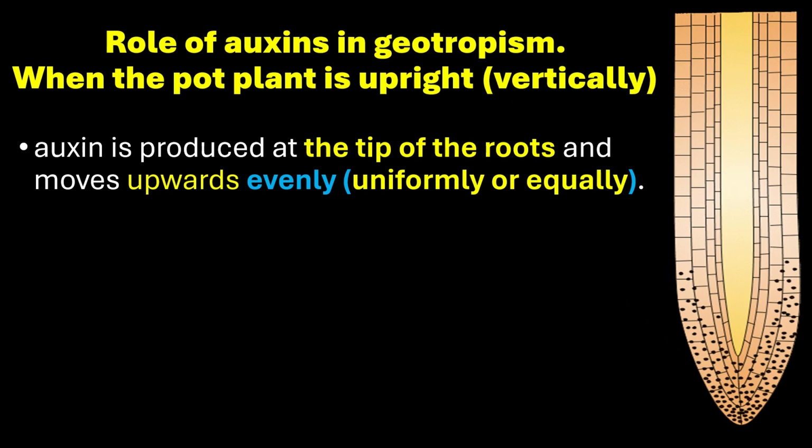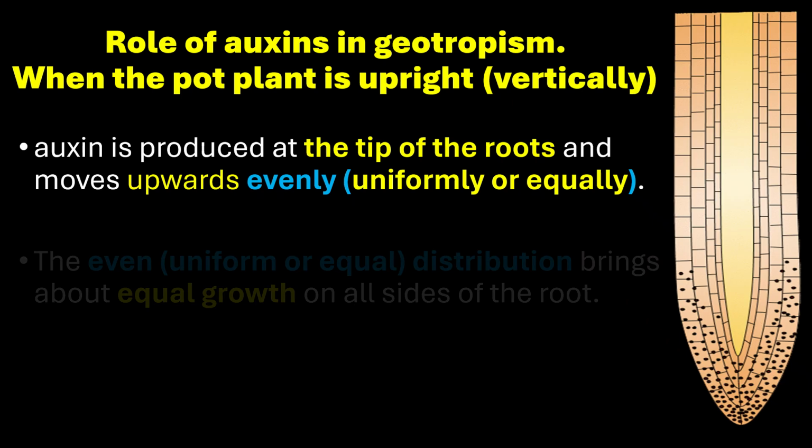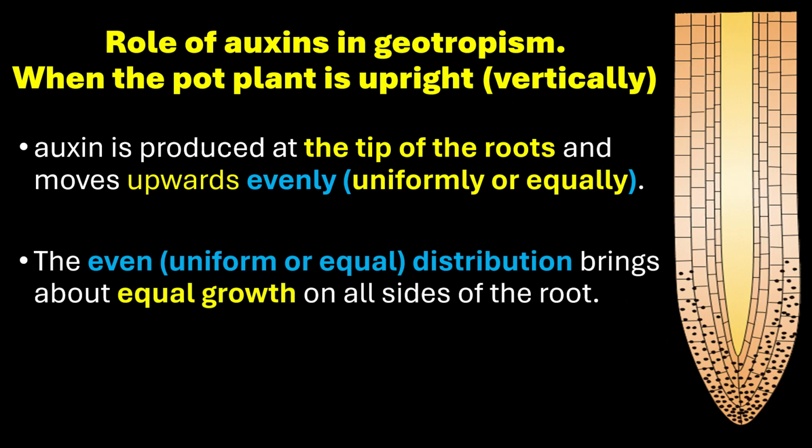Once the plant is positioned vertically, the auxin is produced at the tip of the roots, and the auxins move downwards equally or evenly in every direction. So we don't have auxins more on one side or the other. The even, uniform or equal distribution brings about equal growth on all sides of the root.